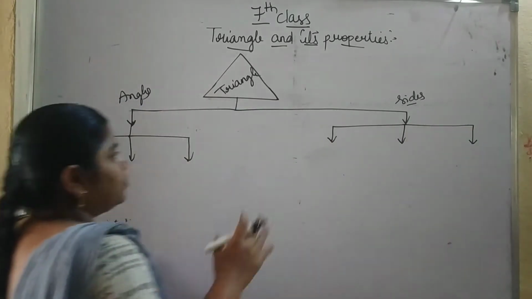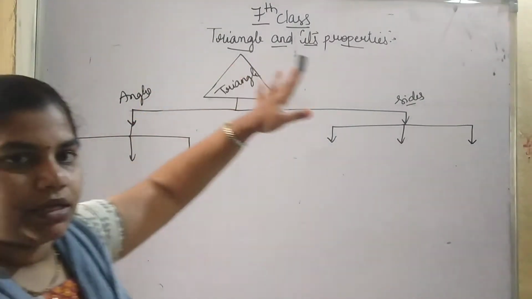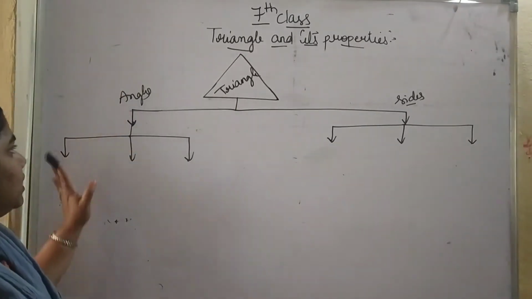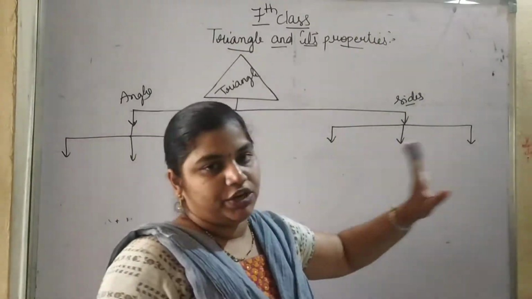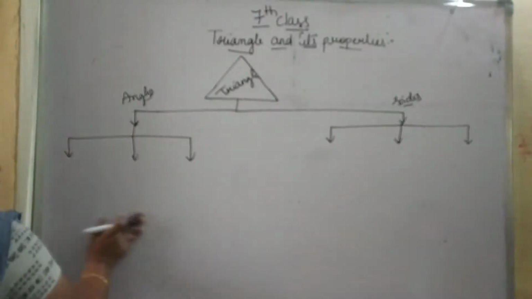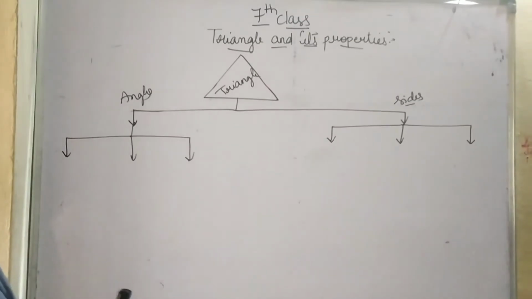So a triangle has been divided into two parts, that is based on angles and based on sides. So based on angles we will see. Based on angles we are having 3 different types, as I told.